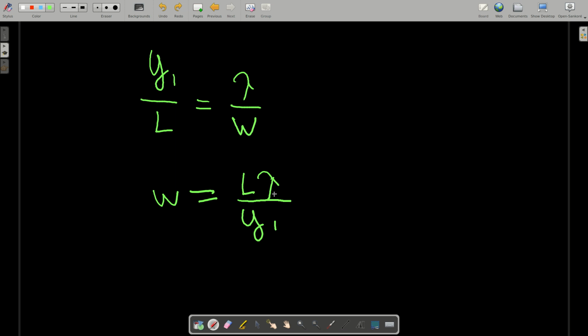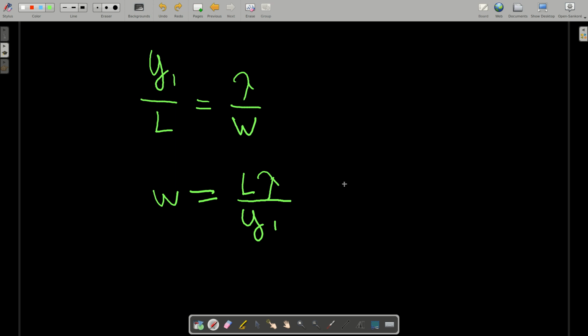That would be the thickness of the hair that we get. So to calculate the thickness of the hair, we measure the distance from the middle of the bright spot to the middle of the first dark spot, that is y1, and L, that's the distance from the laser to the wall. Knowing the wavelength of the laser, plug these numbers in, we get the thickness of the hair.